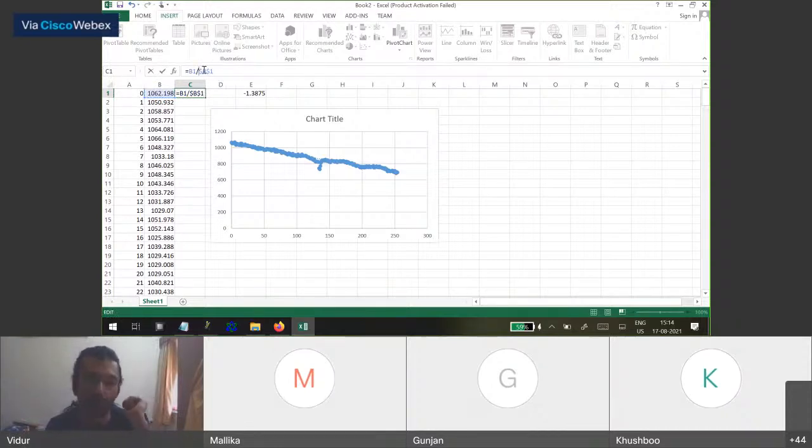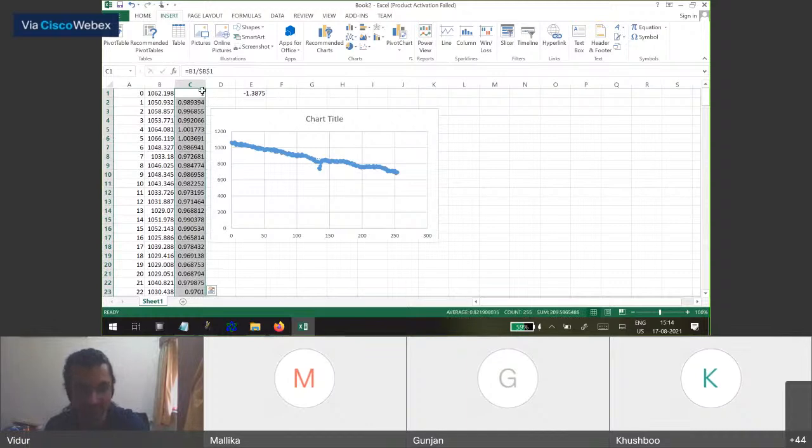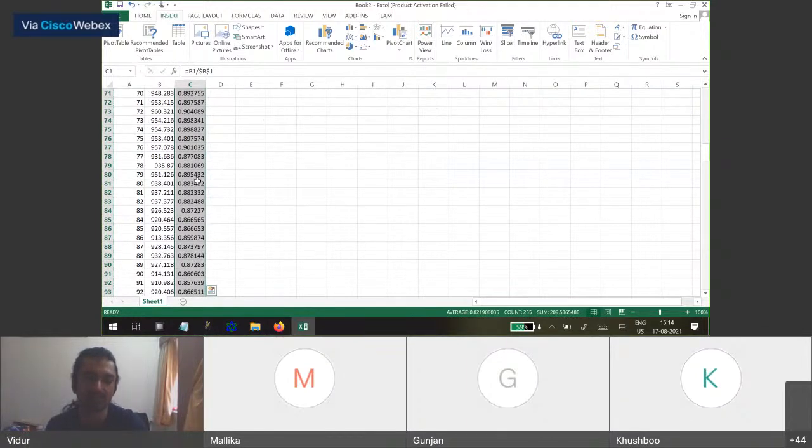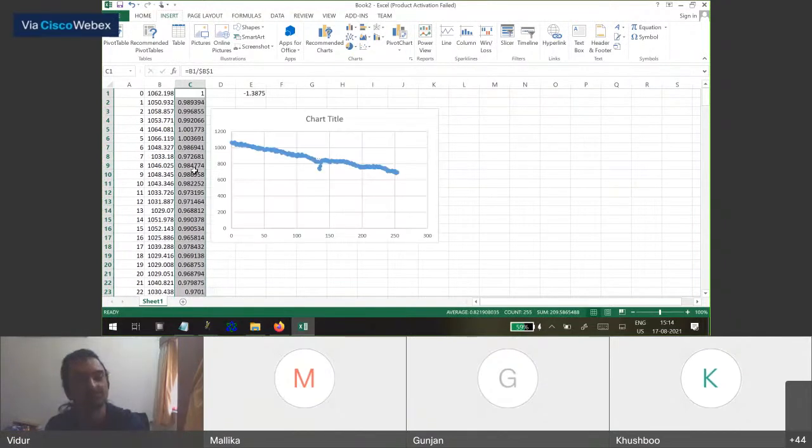So it's $B$1 if you're using Excel. So the first intensity will automatically come as 1. And if you just double click the bottom right of the cell, it will normalize the entire intensity column, as you can see, from 0 to 1.